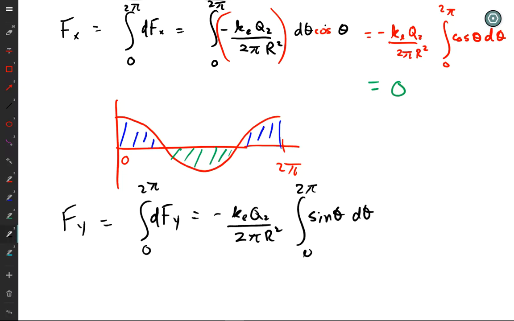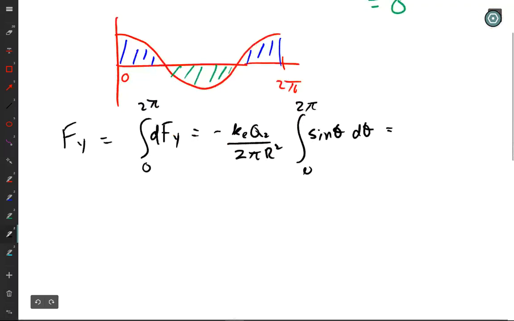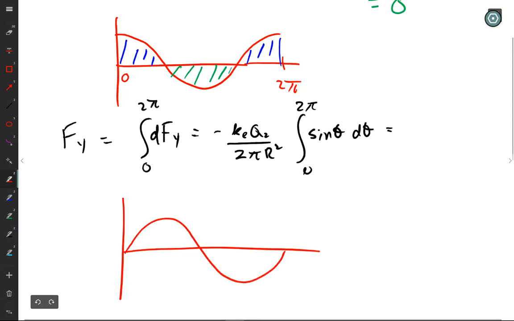Which gives us minus 1 minus 1. Pretty sure. Just doing the same thought part as we did before. There's my sine curve going from 0 to 2 pi. Doing that integral is going to have to give us 0.